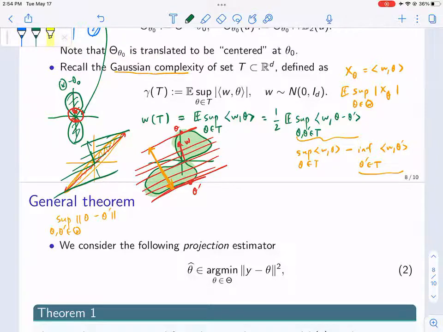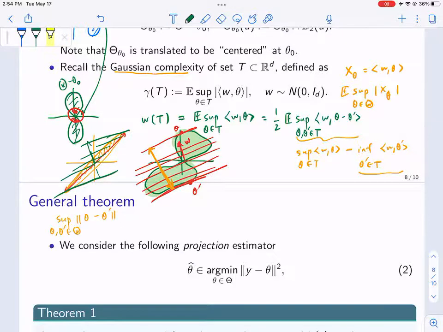It's not just the worst case; it transitions between small and large values, and then you take the average, so the Gaussian width is smaller. It's a much nicer stochastic measure of the size of the set than the worst case.